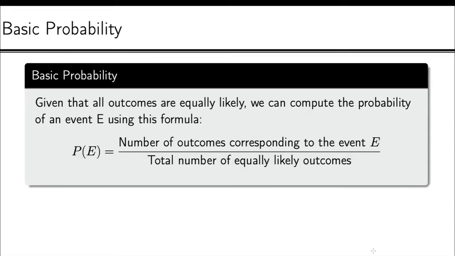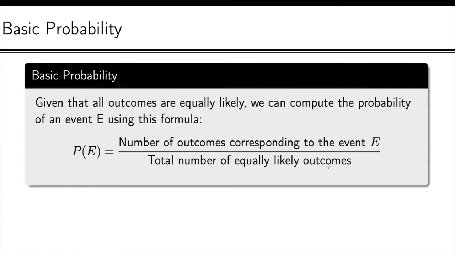Now, with those definitions, we're ready to actually talk about the probability of an event. So if all the outcomes are equally likely, then we compute the probability of an event E using this notation. So P of E, this is the probability of the event E occurring. And the way we calculate that is we take the number of outcomes that correspond to the event E and then divide that by the total number of equally likely outcomes.